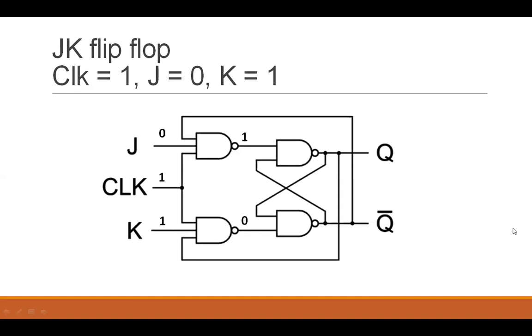Then again this 0 would give us 1 at the Q complement, and this 1 being fed into the gate just behind the Q bit is going to be 1 and 1, which is going to be 0.